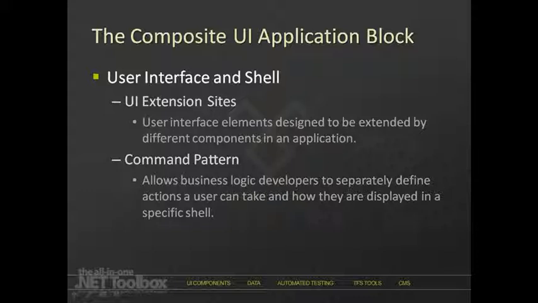A UI extension site is basically like a menu or a toolbar that you can extend from somewhere else in your application. On top of that, the command pattern is also included. This basically allows business logic developers to separately define actions that users can take in specific areas of the application. And I'm going to show you how that works as well.